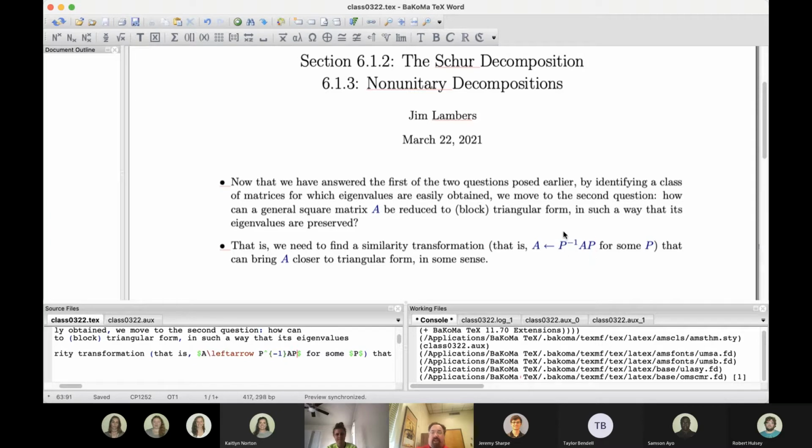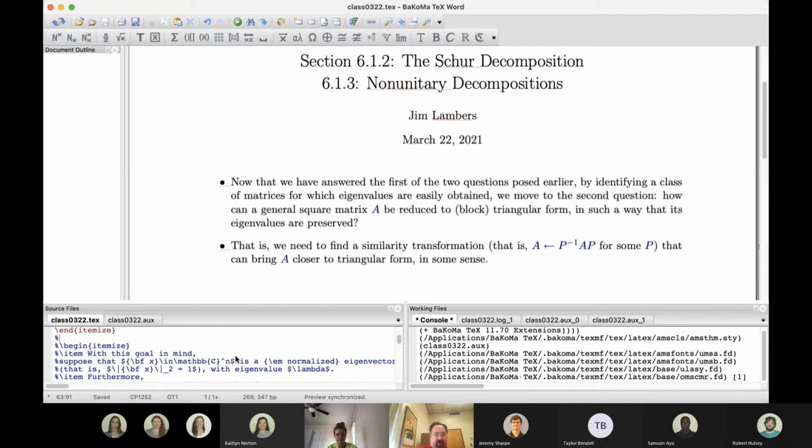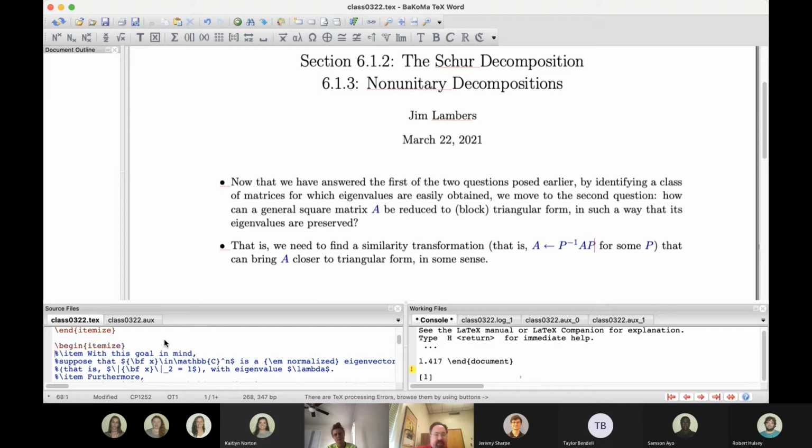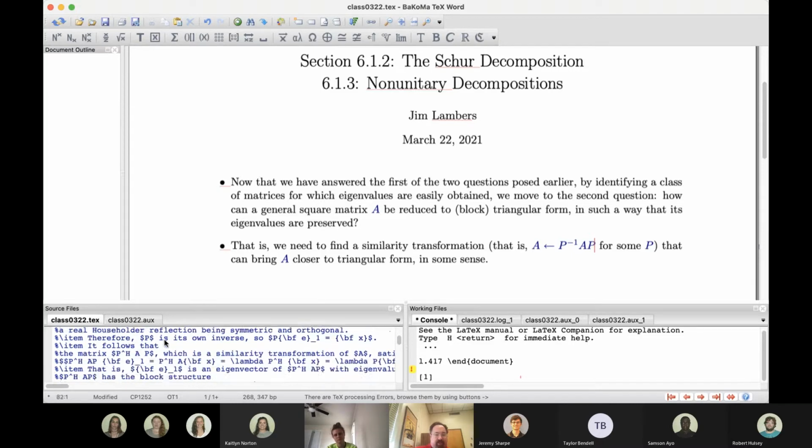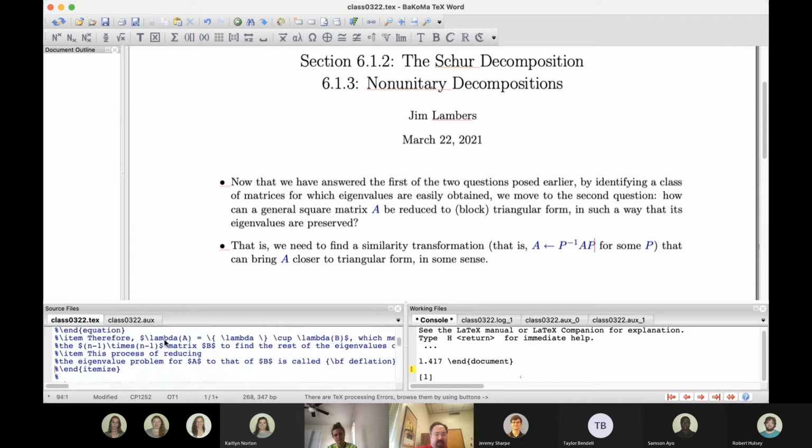So we want to keep applying the transformations of this form to obtain some eigenvalue revealing forms, such as triangular. So how do we go about doing that? It's actually going to take some time to flesh out, but we'll get started on that today.